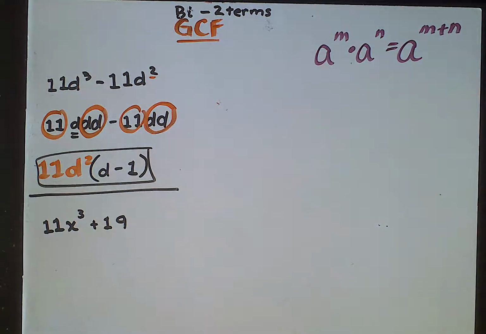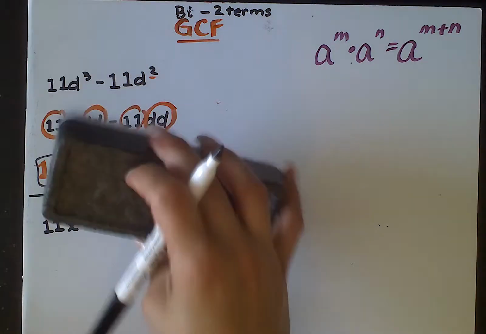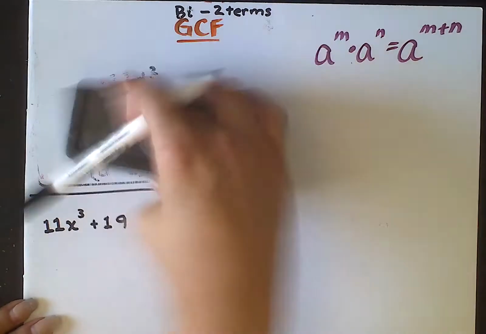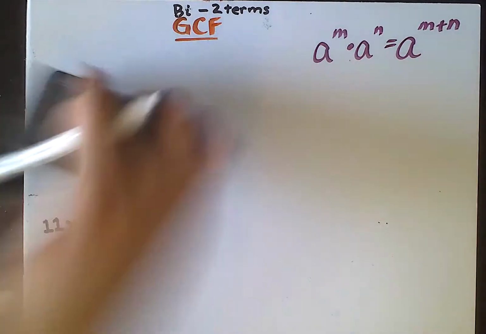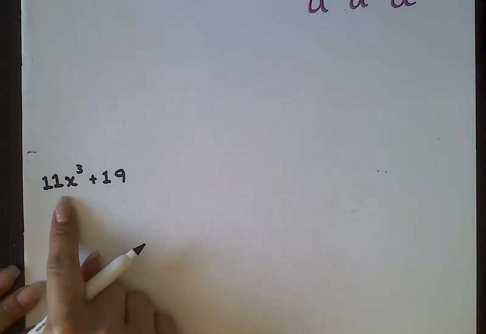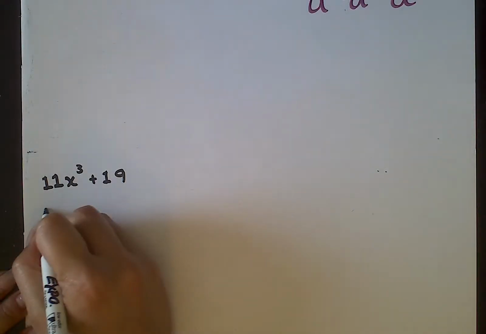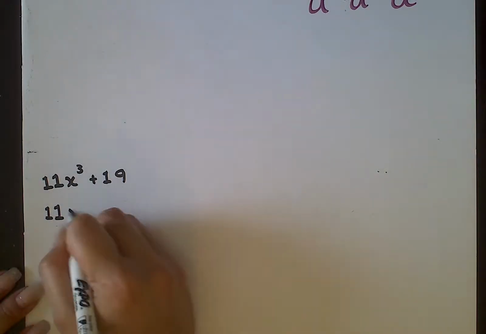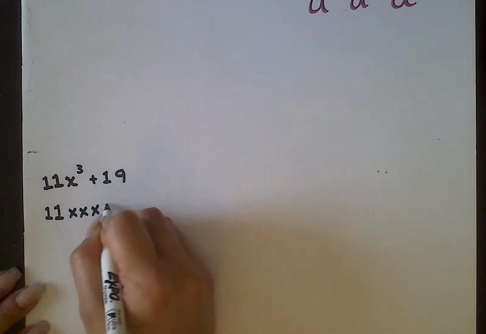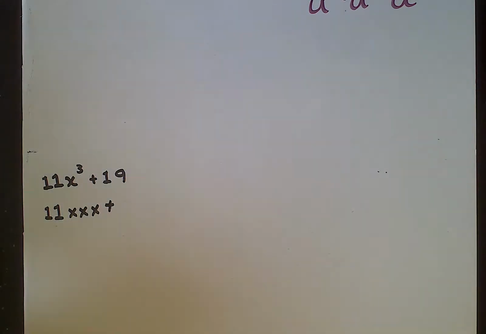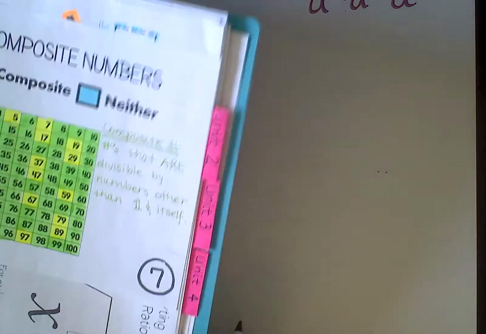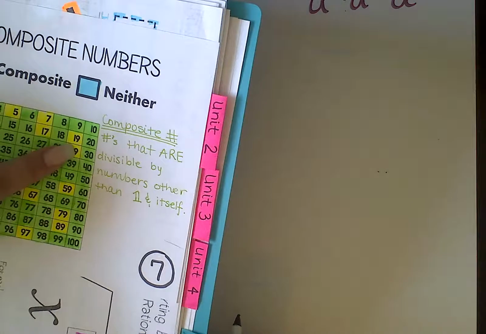All right. So if you don't mind, I'm going to erase this up here so that we don't get too confused. Now, 11 is prime. So I'm going to bring down 11. And then 1, 2, 3 x's. Now 19. Once again, you want to refer back to your page 7, because you'll notice that 19 is yellow.